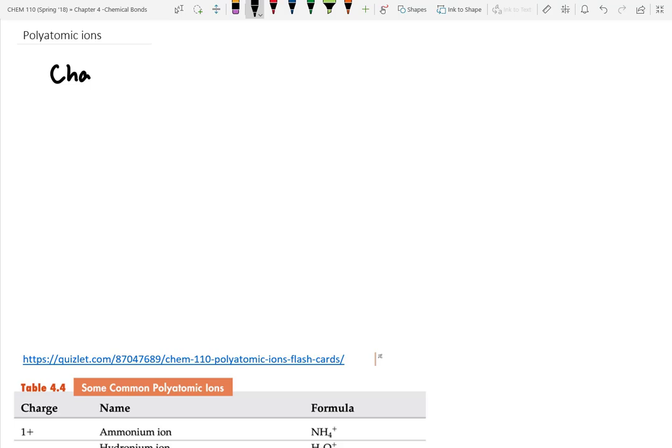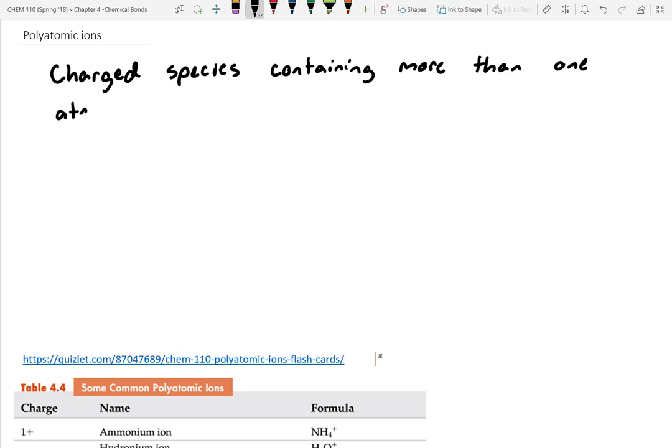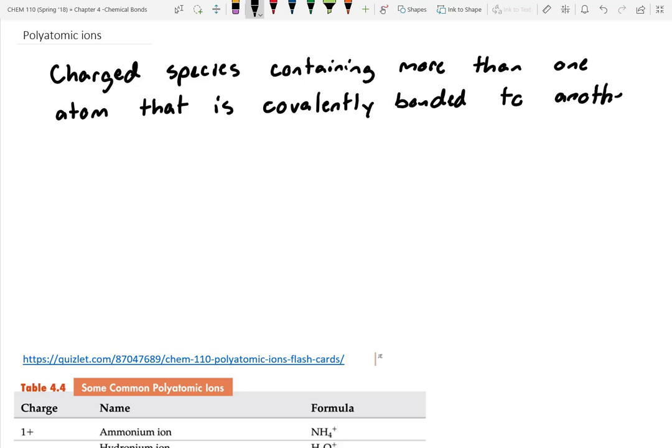And these are charged species containing more than one atom that is covalently bonded to another atom. And it's a little bit confusing, but I'll show you a few examples.